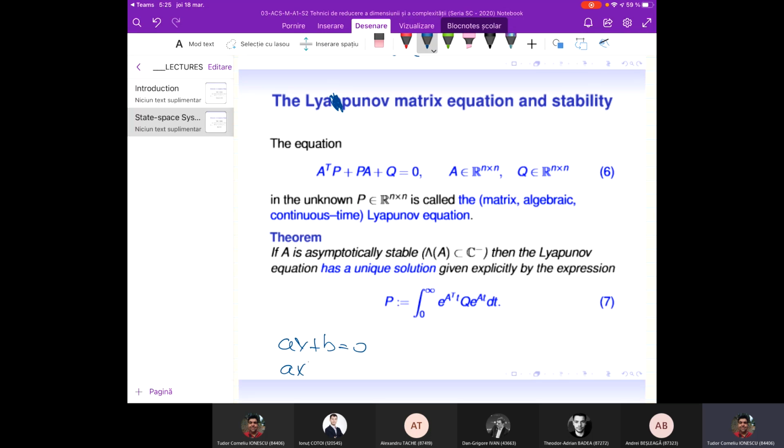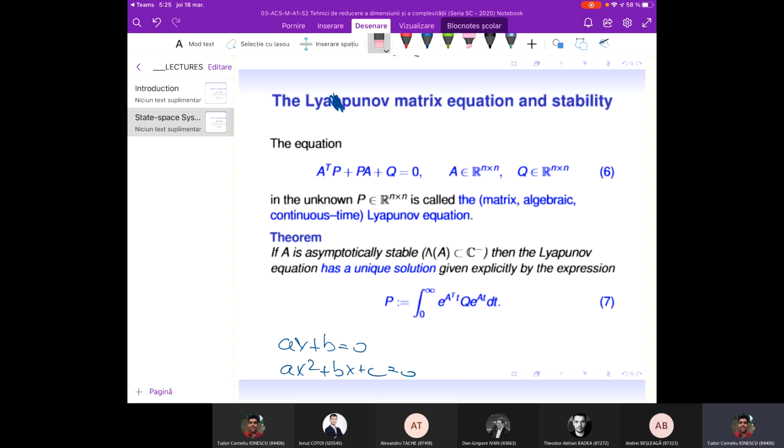Or ax squared plus bx plus c equal to 0. Now, if you substitute x with a matrix, you can have Ax plus B also as an equation, but x is a vector or a matrix, and here you need to have proper dimensions.